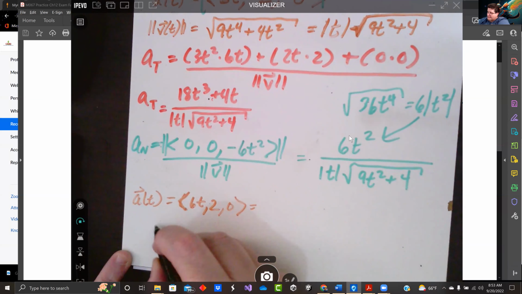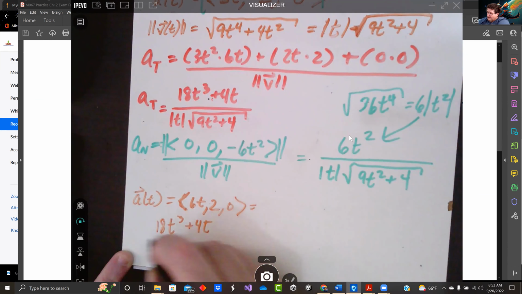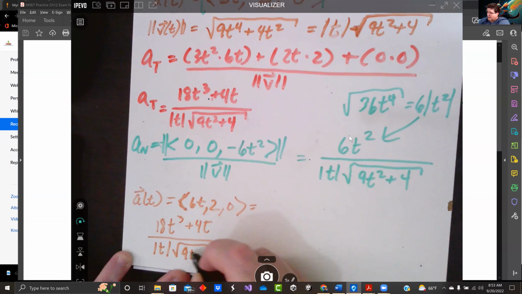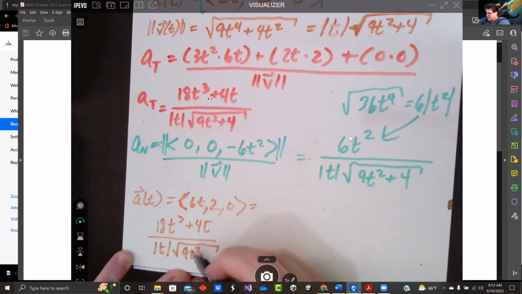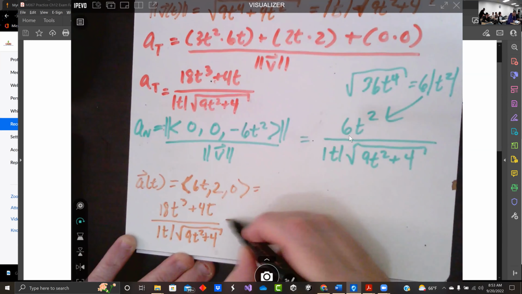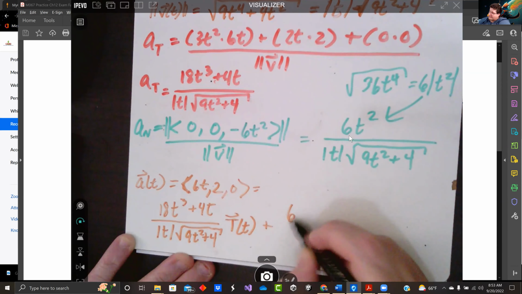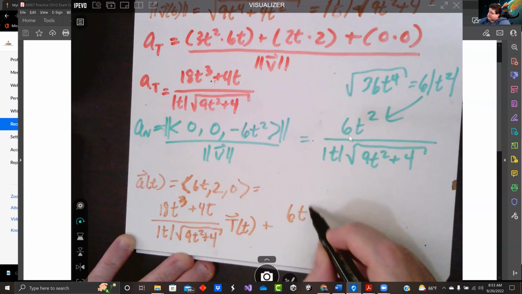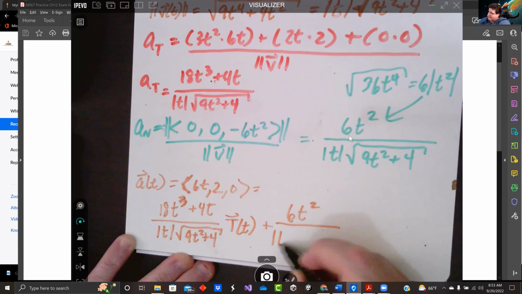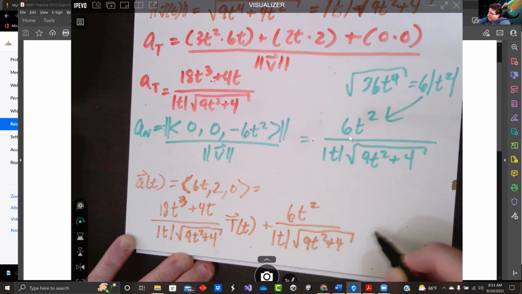It can be written as 18t cubed plus 4t over the absolute value of t times the square root of 9t squared plus 4, times the tangential vector T, plus 6t squared over the absolute value of t times the square root of 9t squared plus 4 in the normal direction.